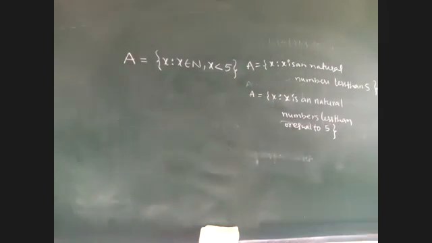So coming to the second one: x such that x is a natural number. That natural number is less than or equal to 5.